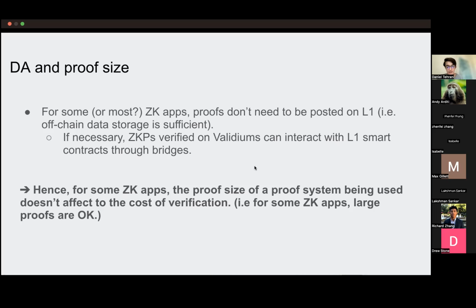With that observation, for some zero knowledge applications that don't involve asset transfers, the proof size of a proof system doesn't affect the cost of verification. So the proof size of the proof system that we are using is okay to be large. For some ZK apps, large proofs are okay.